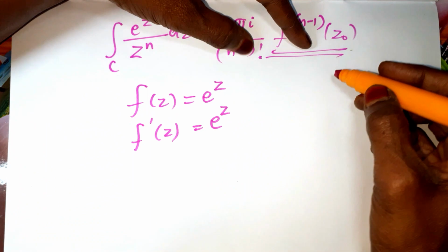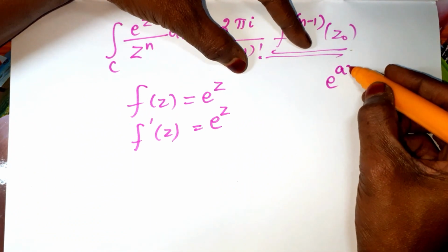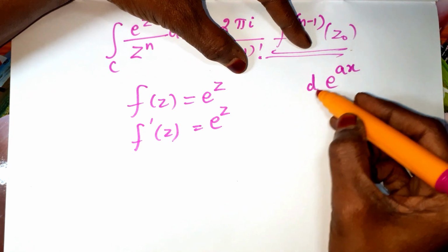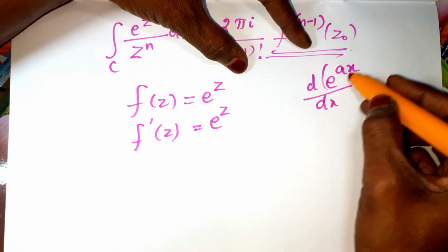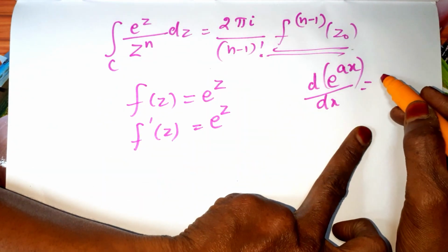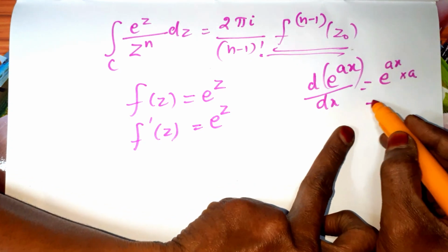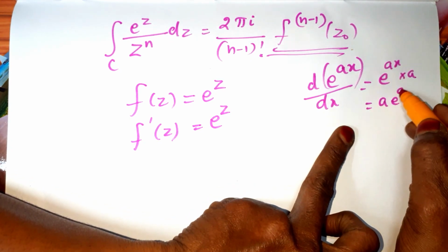Can you tell me what is the formula for differentiating e power ax? d by dx of e power ax, when we differentiate this, we get e power ax into a, which is equal to a into e power ax.